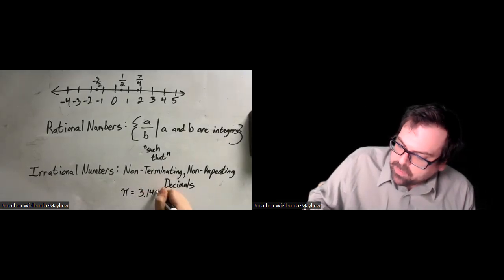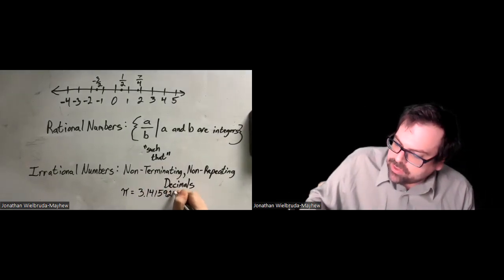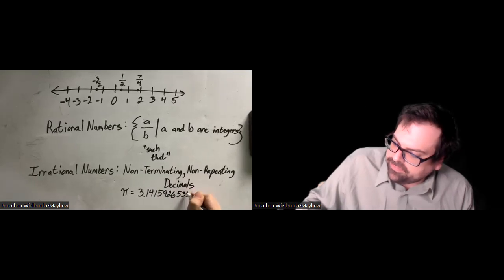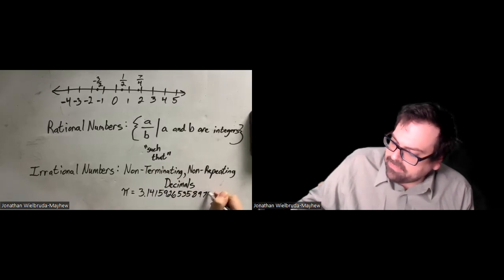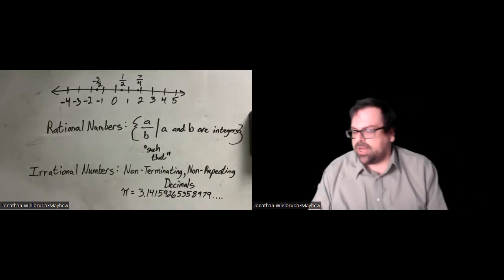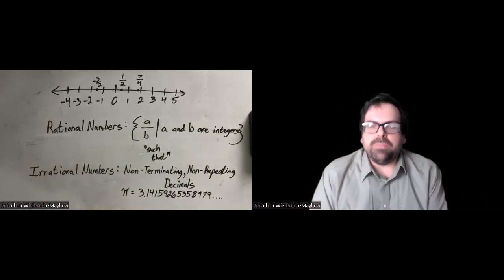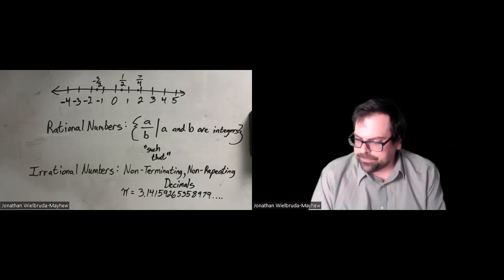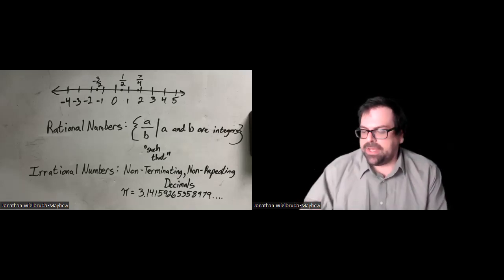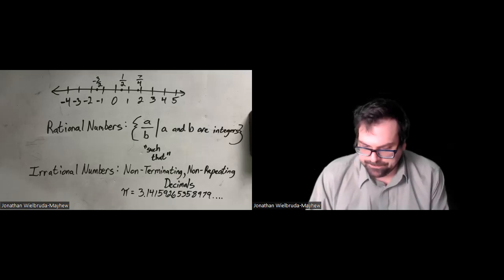Pi is 3.141592653588979, and it goes on and on and on forever, without end, without repeating. Pi would be an example of an irrational number.